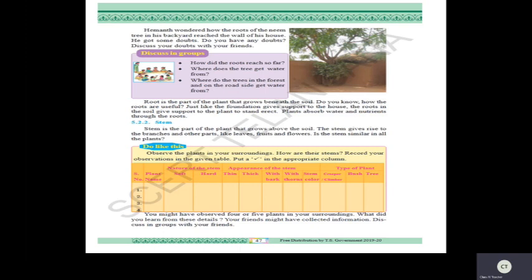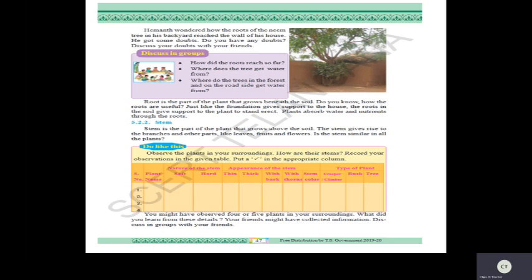Why are the roots completely spreading under the soil, children? Because they need to absorb the water and also nutrients. Without the water, will the plant grow, children? No, it will die.